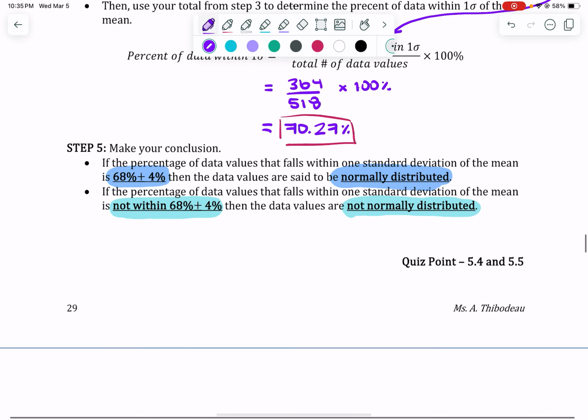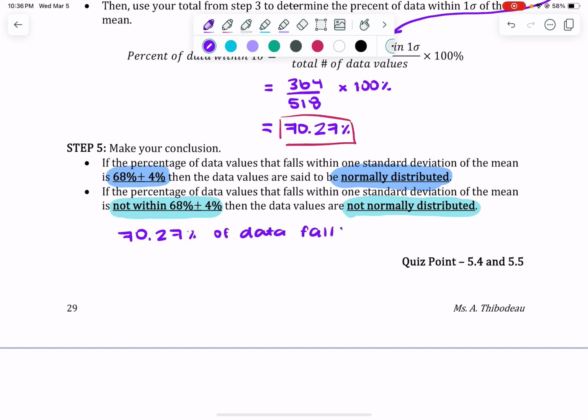So we do need to have that final statement. So I would say 70.27% of data falls within one standard deviation of the mean. Therefore, the data is normally distributed.